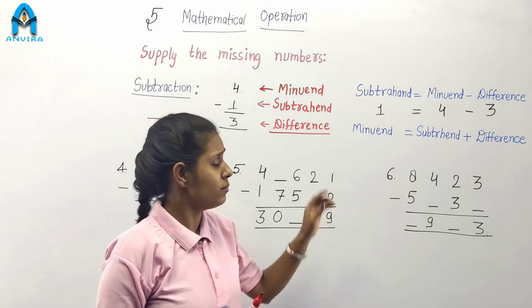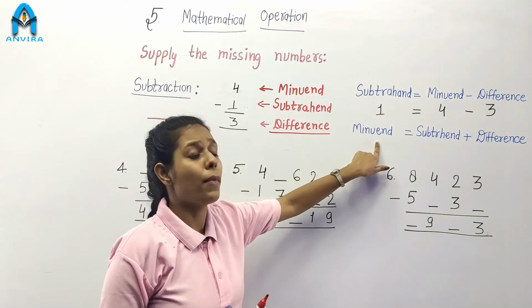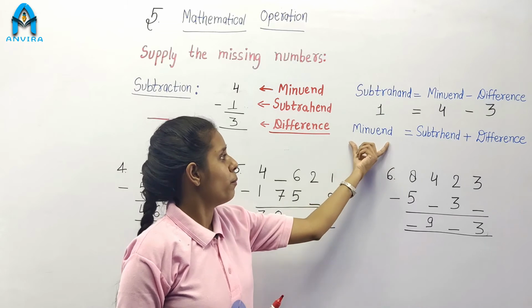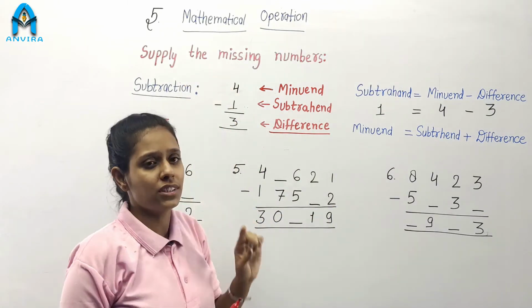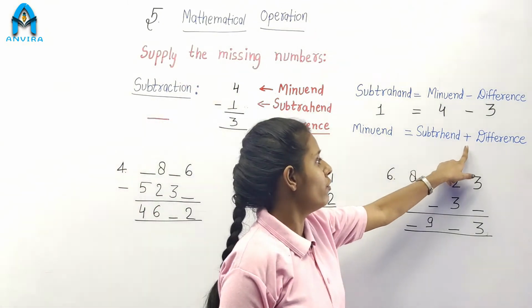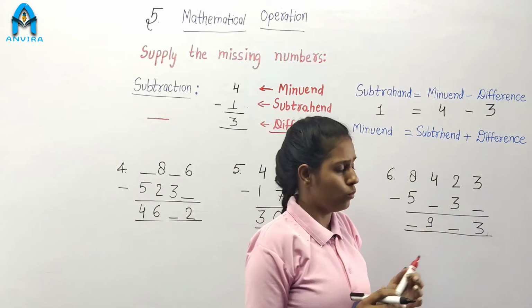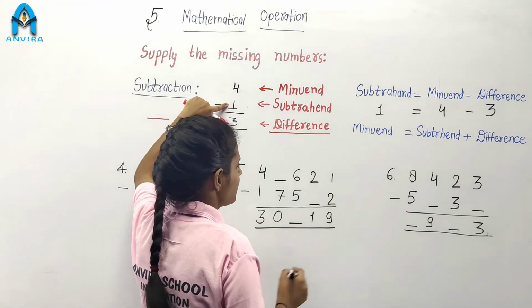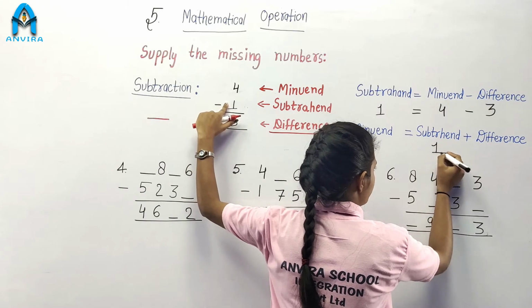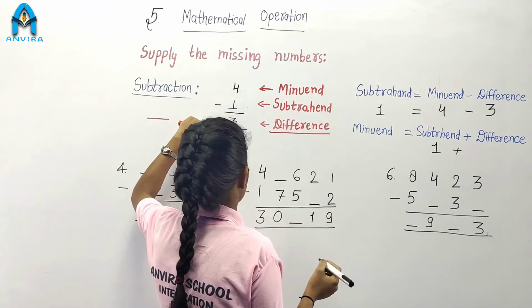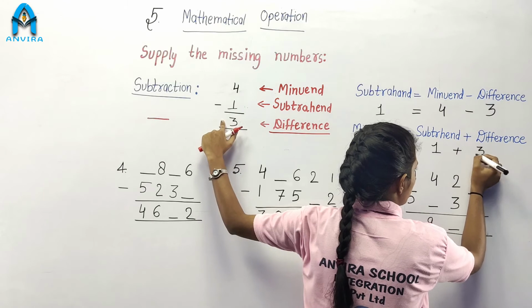And the second is if minuend is missing. If this minuend is missing, what do we have to do? We have to add. Subtrahend, this subtrahend 1, add difference, this difference 3.